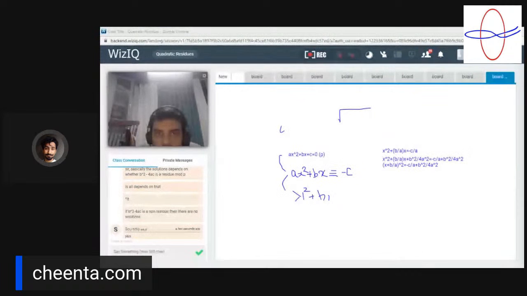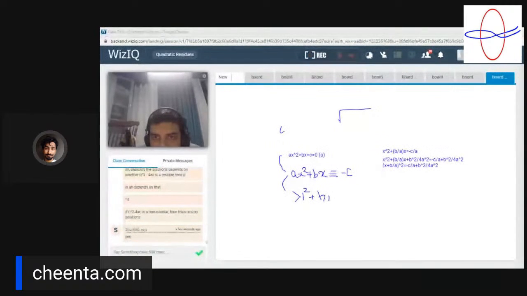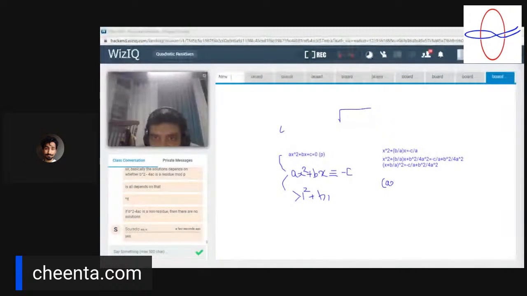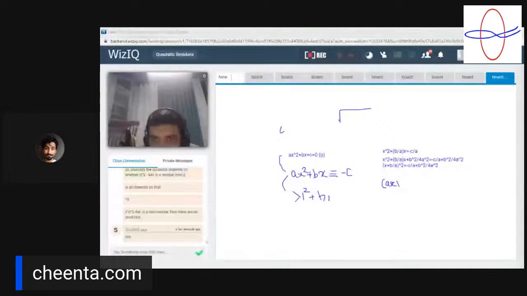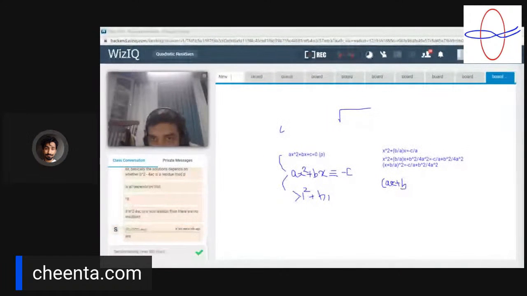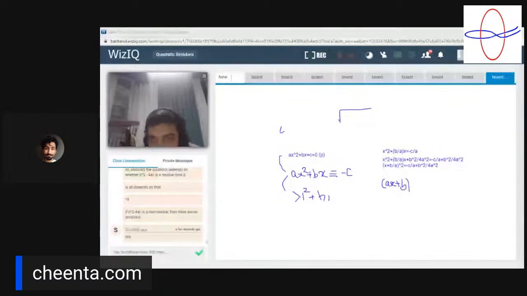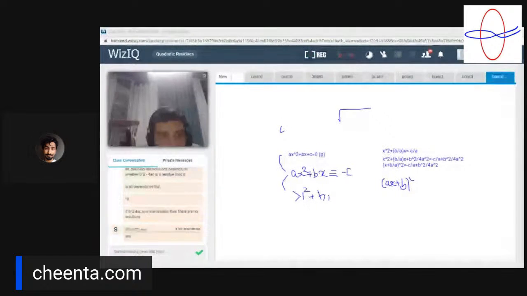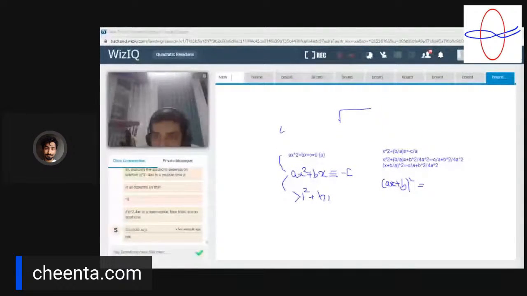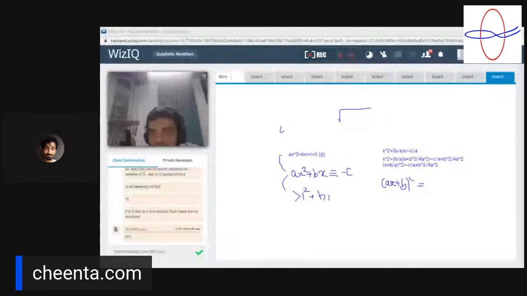If you don't cancel a's out, actually it becomes much clearer in a way, because you get the b square minus 4ac term directly. You can just multiply the above with 4a square on both the sides. You get 2ax plus b whole square is equal to b square minus 4ac. So if it is a residue, then you find the two values which 2ax you can equate, and then just divide this into two parts.